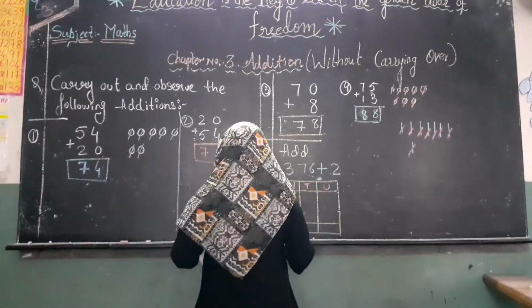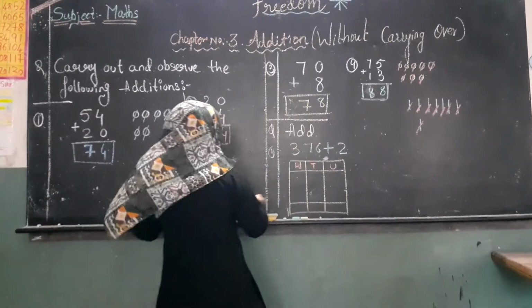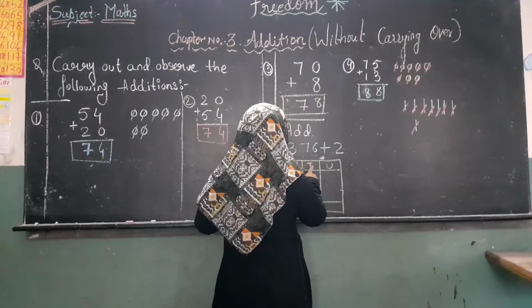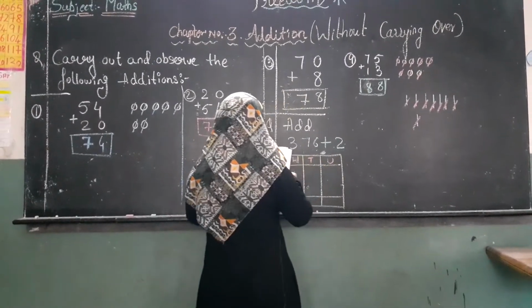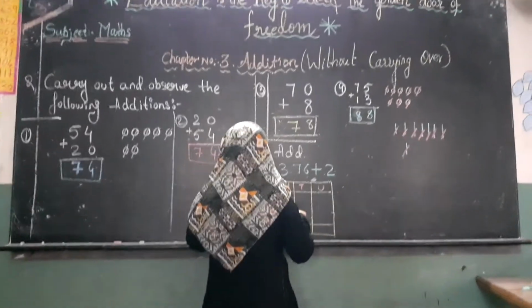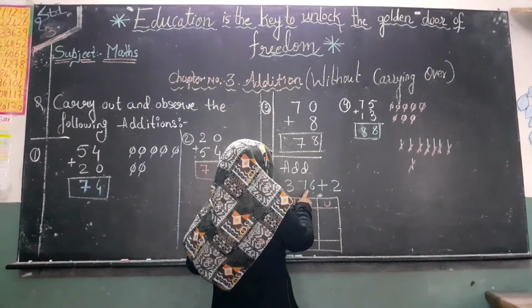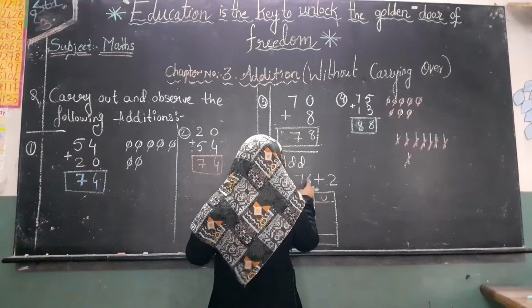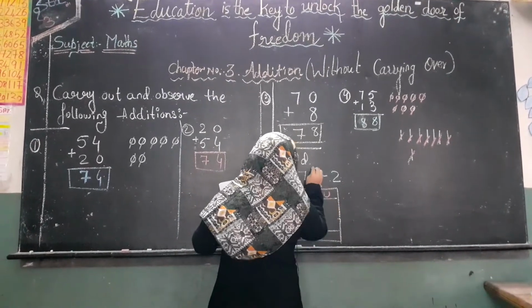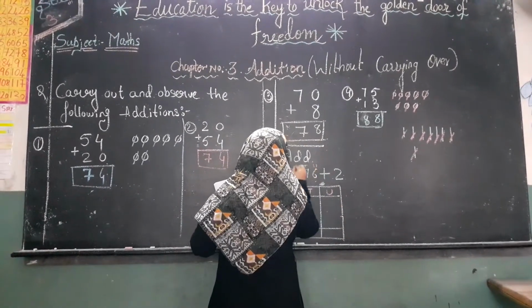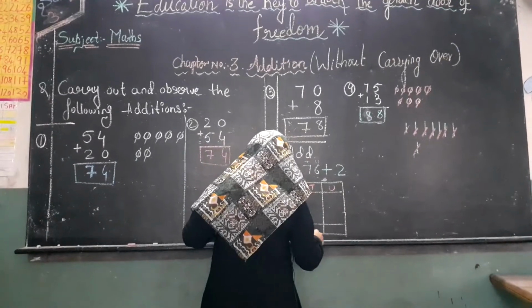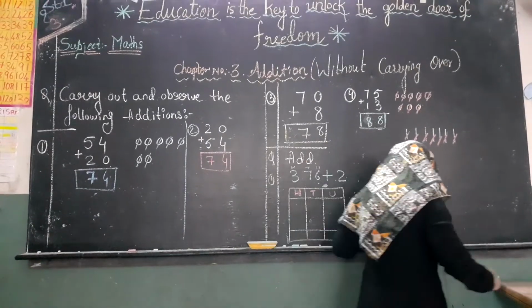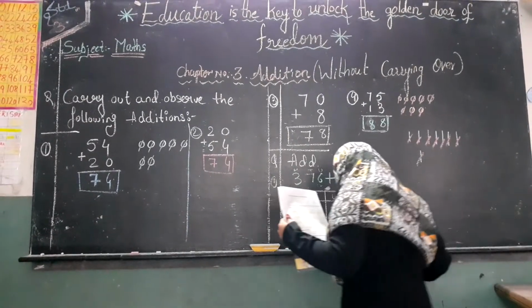Now here we have to write the numbers in the hundreds, tens, units places. So first we will write 376. We will write 6 in units. This is units, this is tens and this is hundreds.